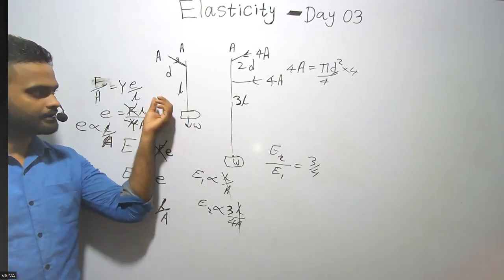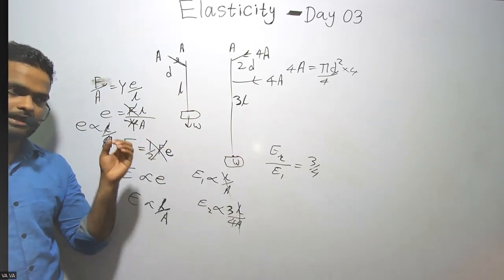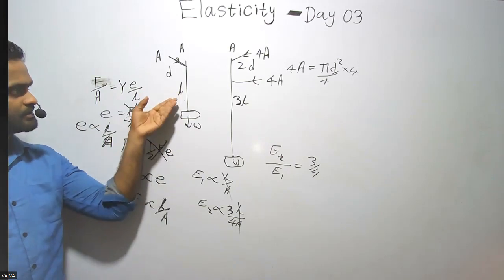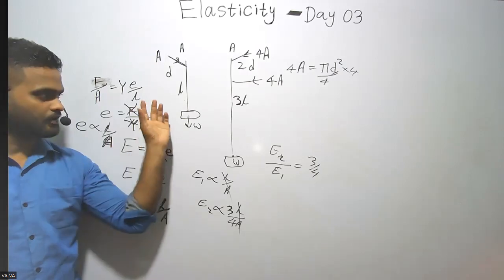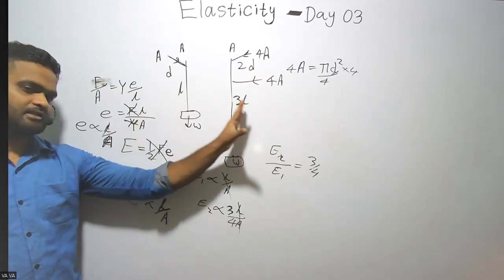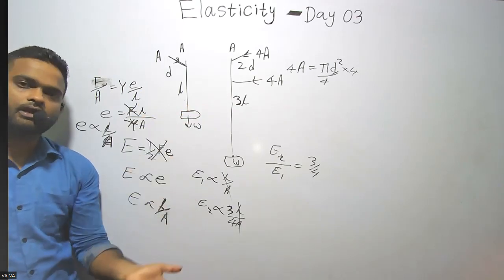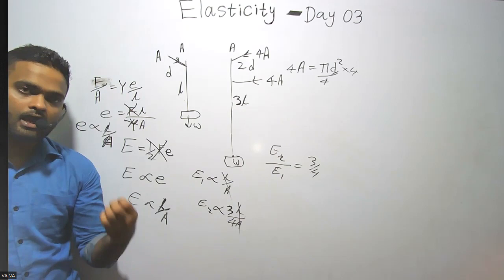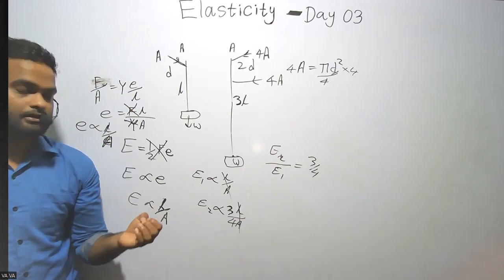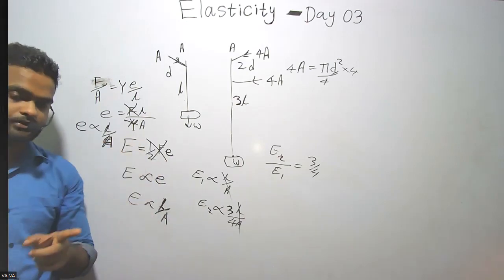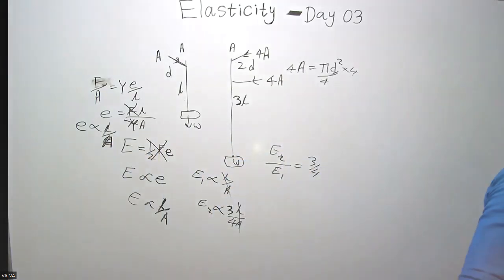Just remove all the constants for both cases and keep only the variables. Here the variables are length, cross section, length, cross section. All the other stuff are constants. Once you get rid of constants, you don't have to do unnecessary calculations and you can save a lot of time. So get used to using proportionalities, because without using this, it is not possible to do MCQs.